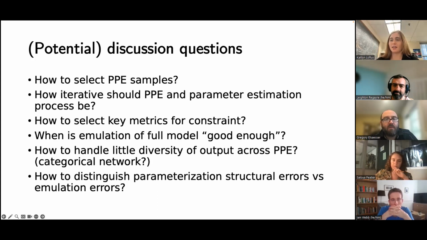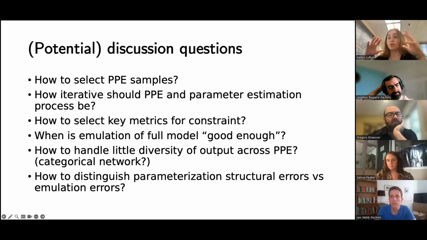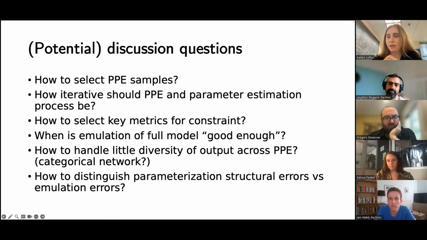I've been hearing a lot that there's conventional wisdom on the number of parameters setting the number of samples you need. But what we're seeing in terms of the emulation, at least here, is that how those samples are distributed across your parameter space, how broad it is, and what range of outputs you're getting, means you might need a higher density of sampling.